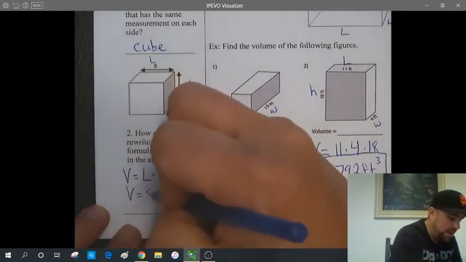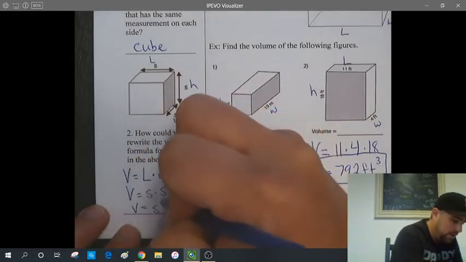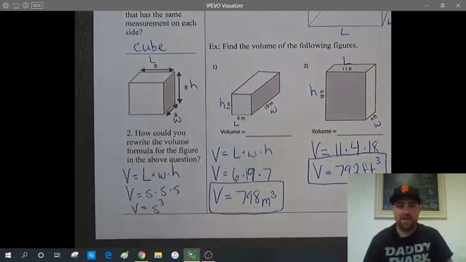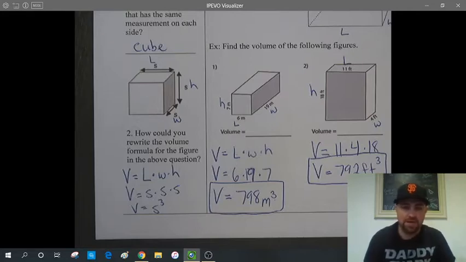So really that would be S times S times S, or another way to simplify that in mathematical terms would be S cubed. And so this is why we call it cubing the number when we raise something to the third power, is because the mathematical measurement for finding the volume of a cube, you multiply the side by itself three times total, and that makes a volume for a cube.